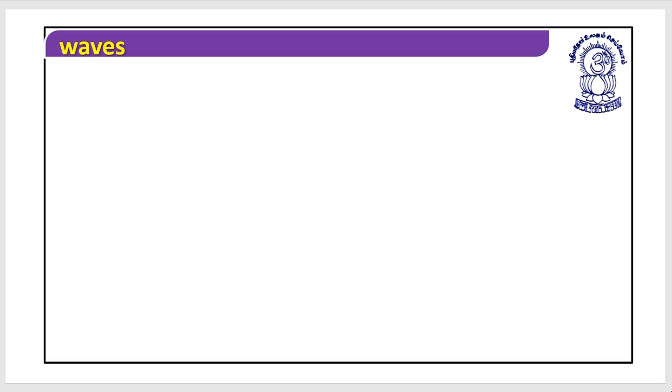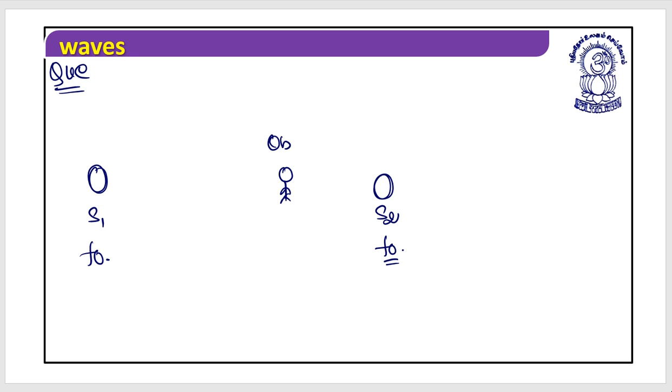Great. Now let's do one of the questions based on beats and the Doppler effect. Let's suppose this is source 1, and this time I have two sources. This is source 2. Both are going to produce a sound of frequency f naught, and this one is the observer, which is moving in this direction with speed V naught.